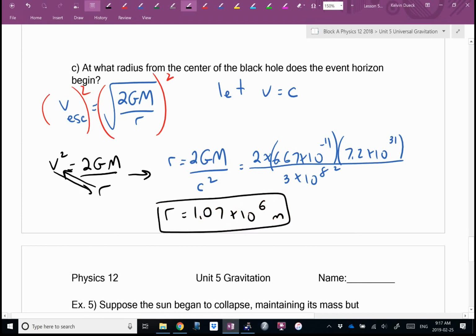Basically, I think the radius of the Earth was in the 10 to the 6th range, yes? This massive star would have to collapse smaller than the radius of the Earth. Otherwise, it wouldn't form a black hole. It would form some other stellar object, a white dwarf, a red dwarf. It all depends on how much mass there is and how dense you can get it.